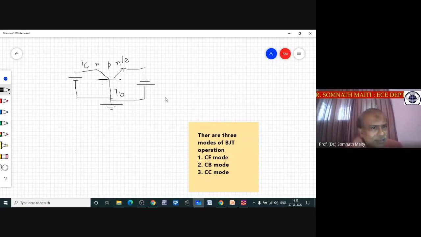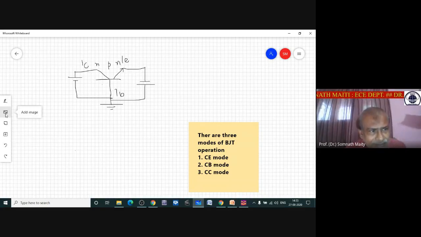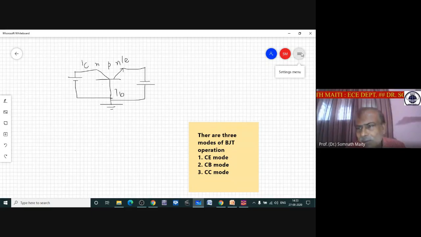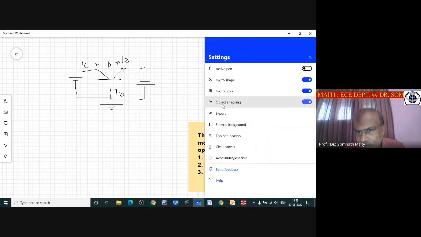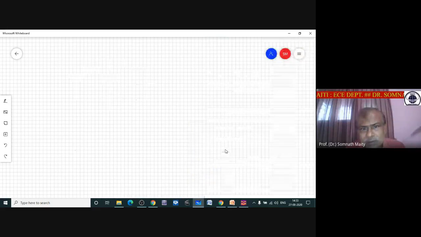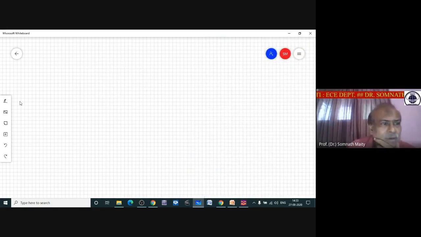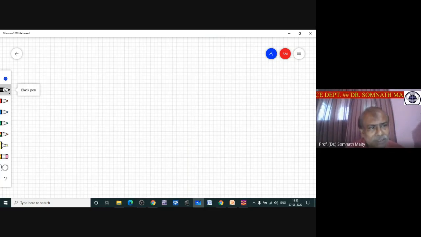Okay. So this is common base. Now common emitter. Common emitter means let's draw a transistor.